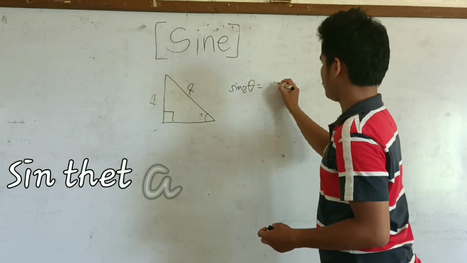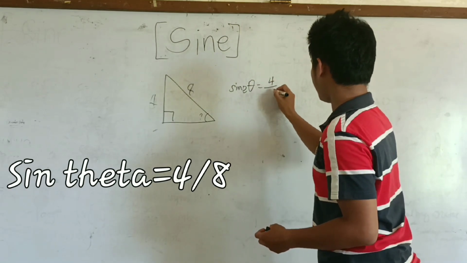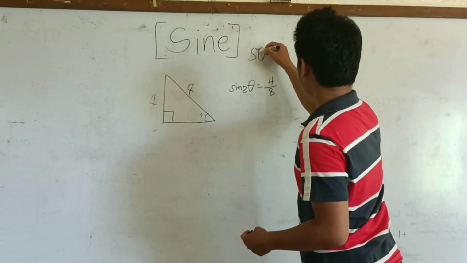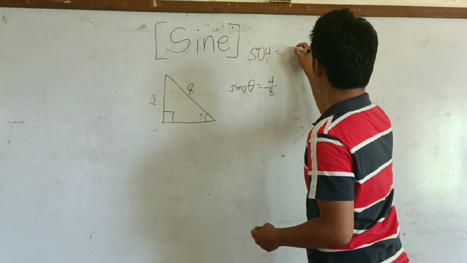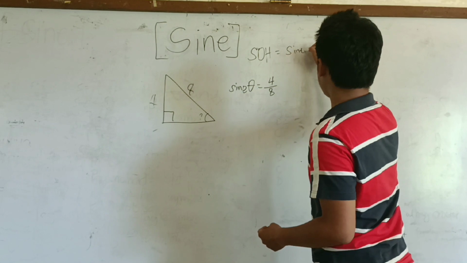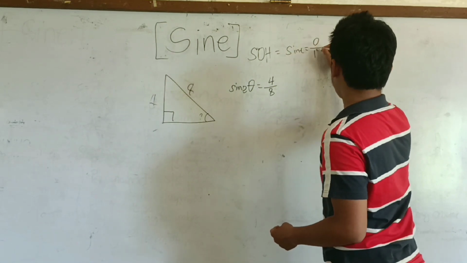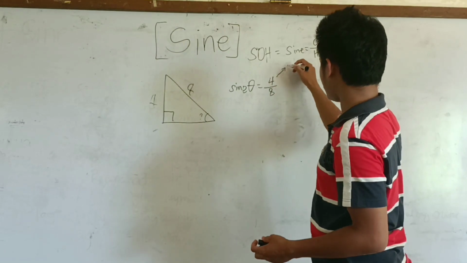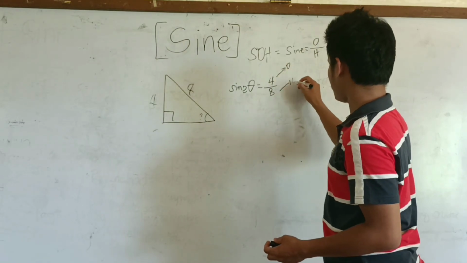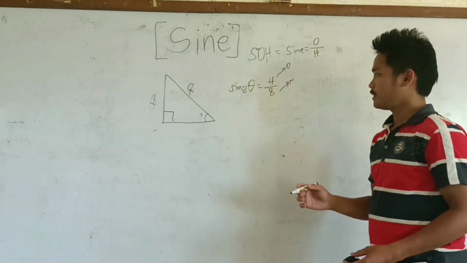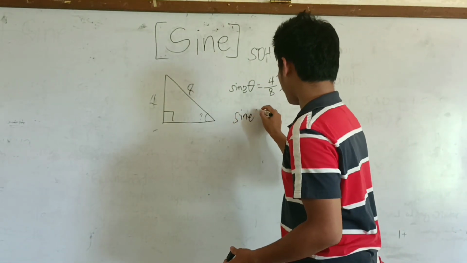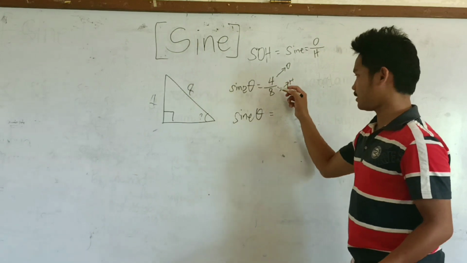theta is equal to 4 over 8. Remember that the formula for sine is opposite over hypotenuse. Hence, this is the opposite, this is the hypotenuse. Next is to divide. We have sine theta, divide these numbers.